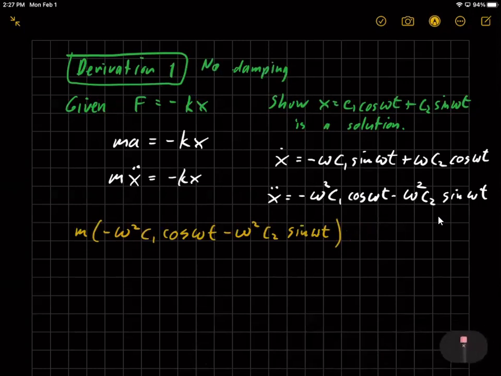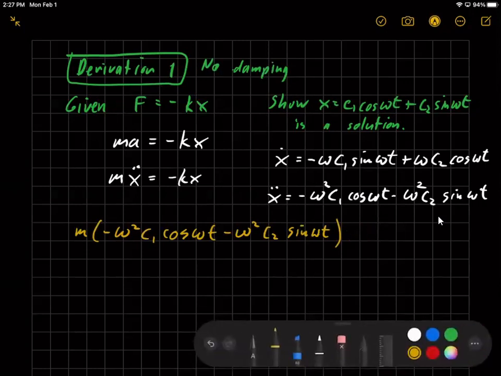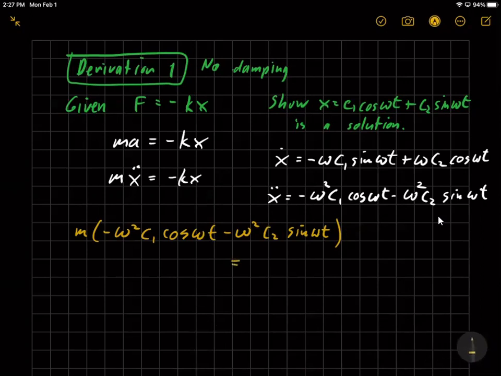Actually, I better give myself a little more space here. So I'm going to write it down here, equals negative k times x, which was c1 cosine omega t plus c2 sine omega t. Now you'll notice both sides are very similar.